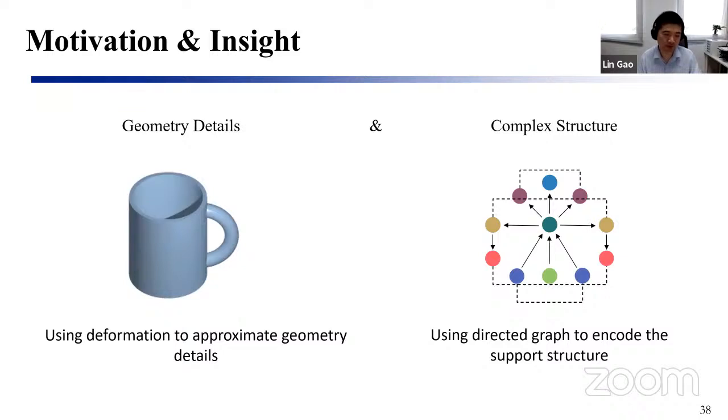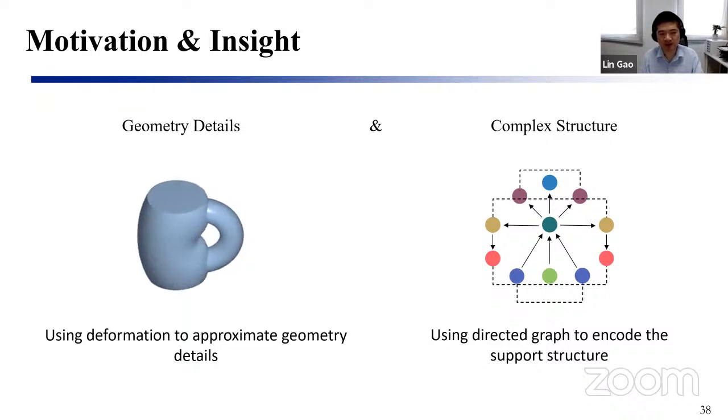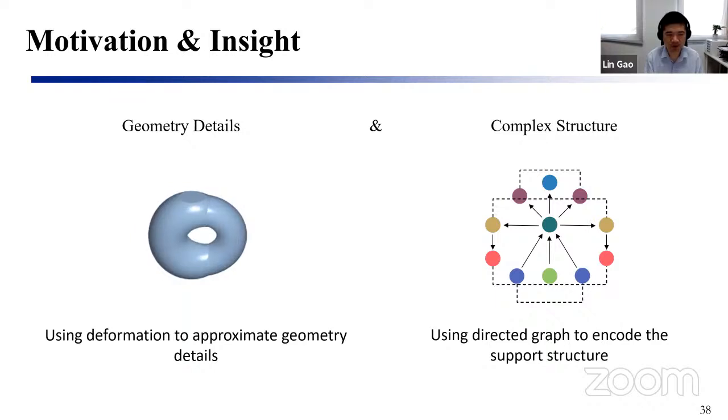So here we could use some technique developed before to represent the fine geometry detail of a man-made object. But different from human motions, we know that all the structure of humans is almost the same.